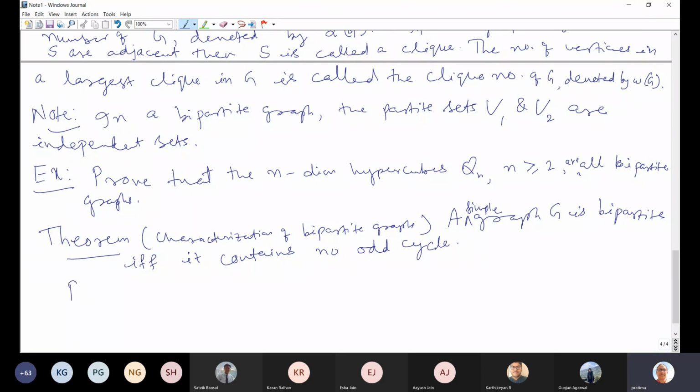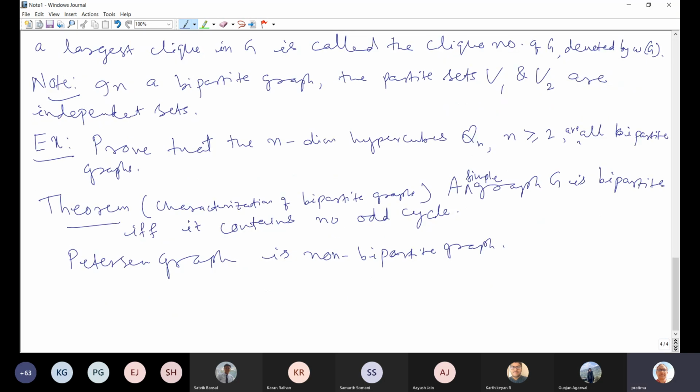It is not bipartite. Why? Because it contains a cycle of length 5, an odd cycle, in the way we have drawn it. So the Petersen graph is a non-bipartite graph because it contains an odd cycle.